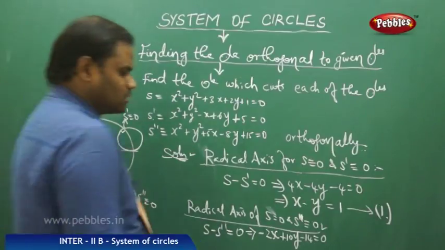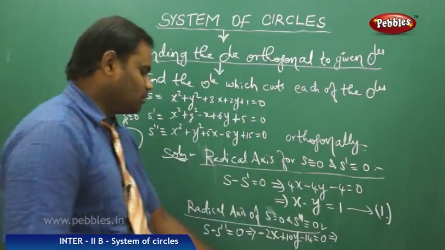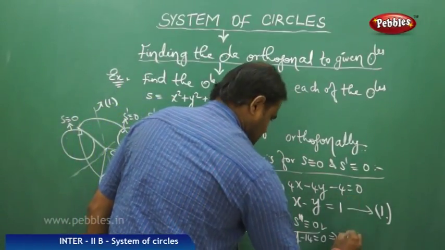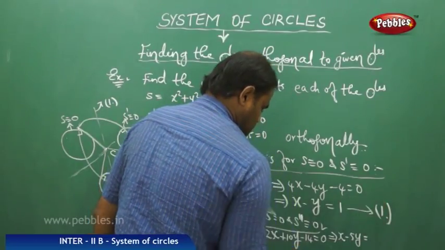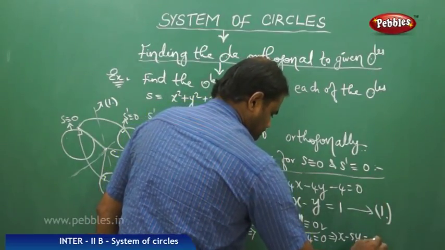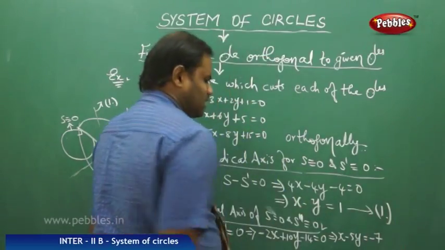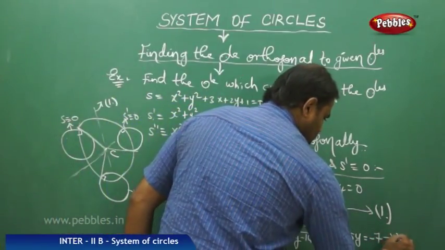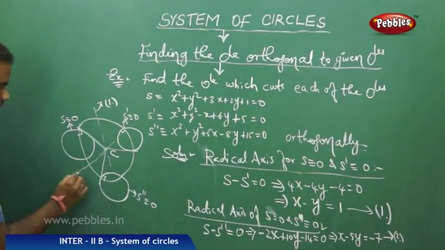When I simplify this further by dividing the whole equation by minus 2, I get x minus 5y equals minus 7, and this is equation 2, which is nothing but the radical axis of S and S double dash.